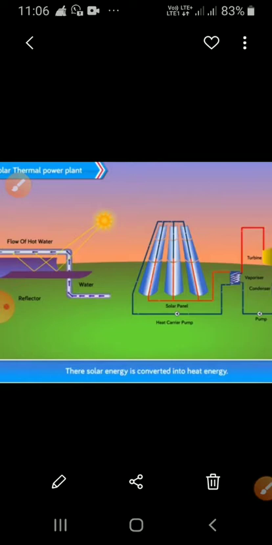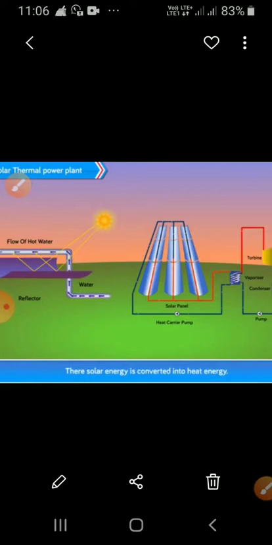Here two methods are there for the generation of electrical energy. In the first method, children, we don't use any source of energy like in other plants, where we have seen that we are using sources such as coal, nuclear substances such as plutonium, etc. But here we will not use any other source, we will use only solar radiation.